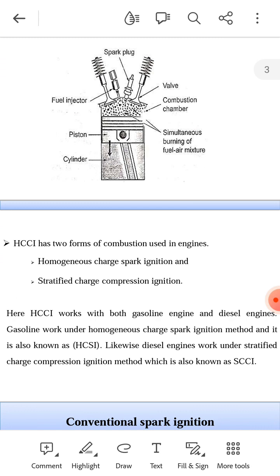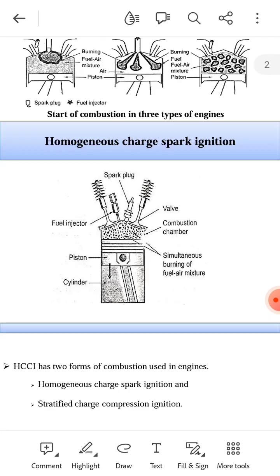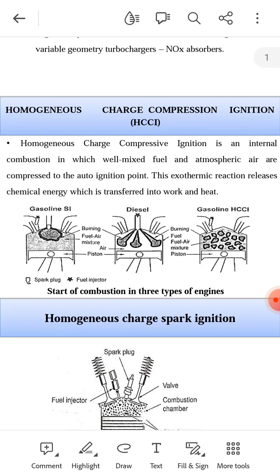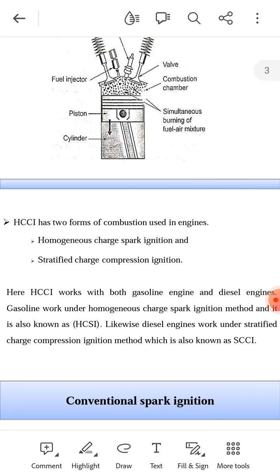HCCI has two forms of combustion used in engines: homogeneous charge spark ignition and stratified charge compression ignition. Homogeneous charge compression ignition works with both gasoline engines and diesel engines.